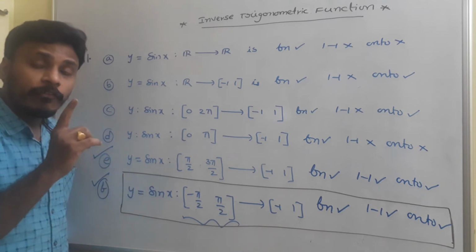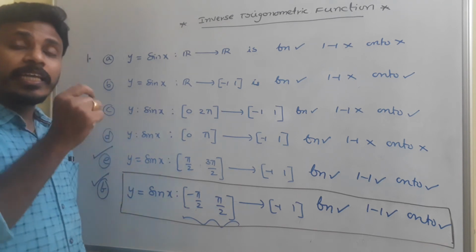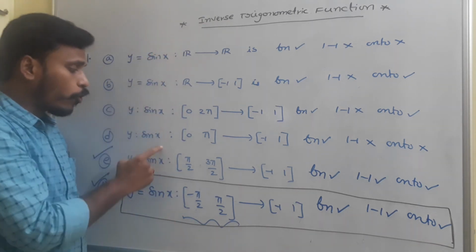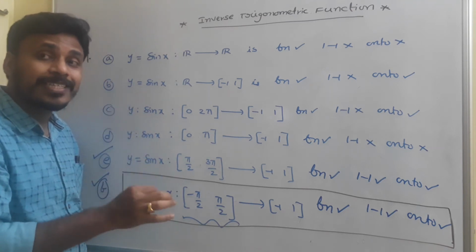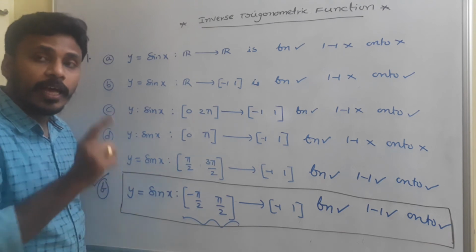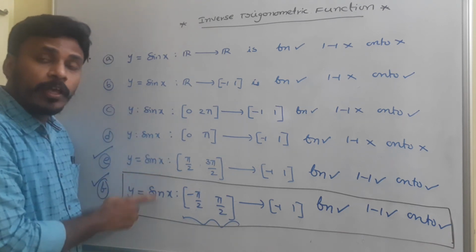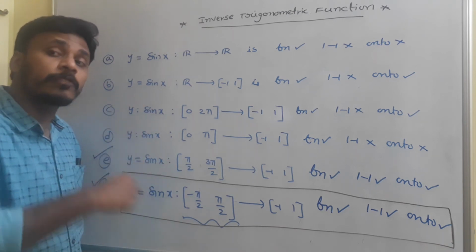Just have a look. We have a chance to define the inverse for all these things, okay. But for the first four, since they are not bijections, the inverse is just the inverse of the function. It is not an inverse function. But for these two, E and F, if you construct the inverse, that inverse will become an inverse function.